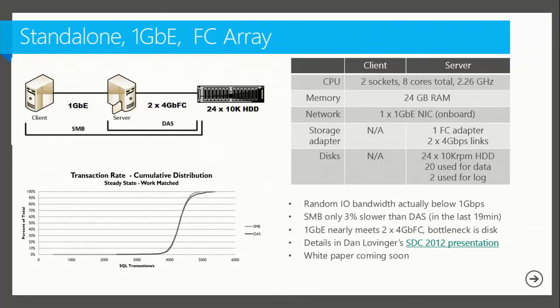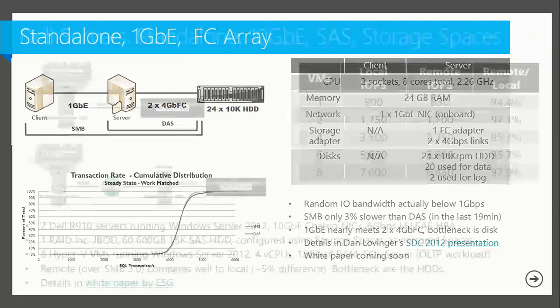How is it possible that 1 gig gives the same throughput as 2 times 4 gig fiber channel? Because fiber channel was not the bottleneck. The disks were the bottleneck. So in this configuration, you were doing too much on the connection to that storage. With 24 10K disks, we were never able to pull that with that workload. So be careful with your end-to-end configuration.